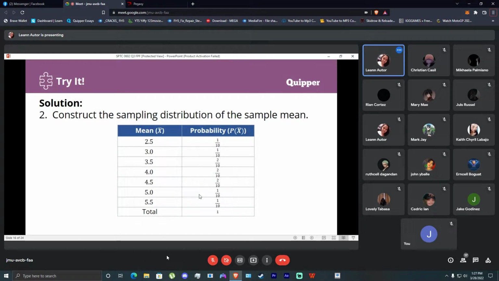Isn't the formula in solving for the population variance... what was it? Okay, what is the formula in solving for the population variance?